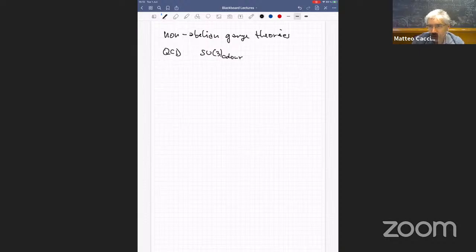Both are SU3 groups. One is SU3 flavor, which is an approximate symmetry. This one is SU3 color, which is expected to be an exact symmetry of nature. So don't confuse them just because they are both based on SU3. SU3 is just the mathematical underpinning, but the two things are completely different.